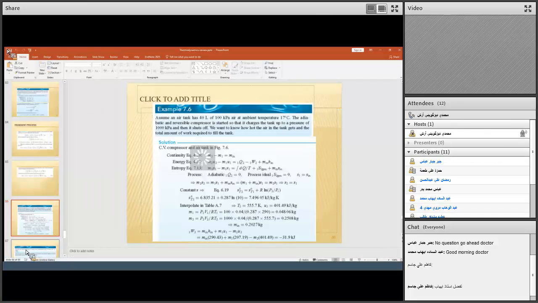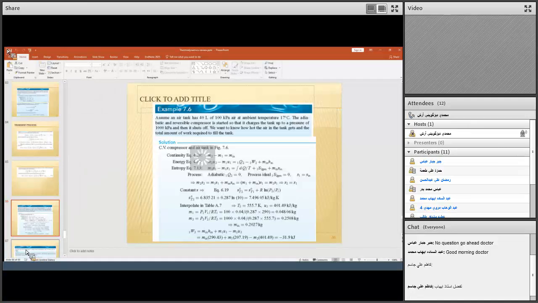Why? Because we have a tank with initial pressure 100 kilopascal. This tank is connected to a compressor. So the compressor puts mass into the system, increasing the mass of the system with increasing pressure to 1000 kilopascal.